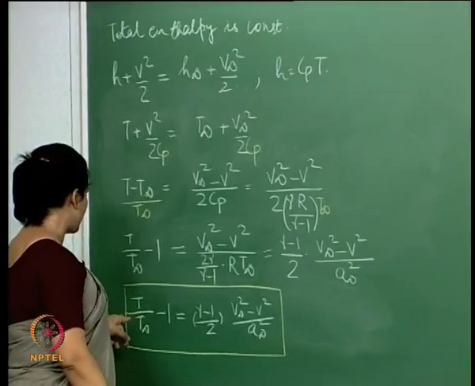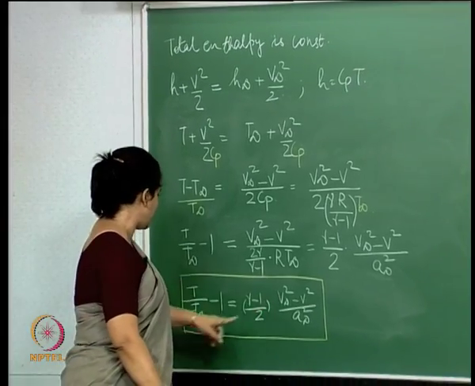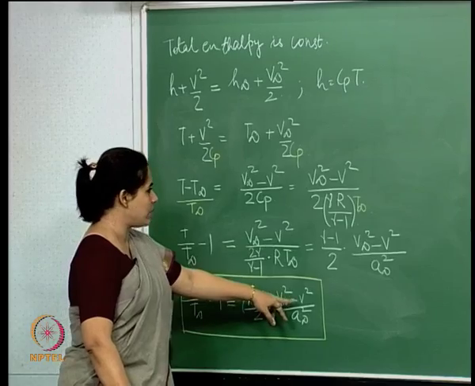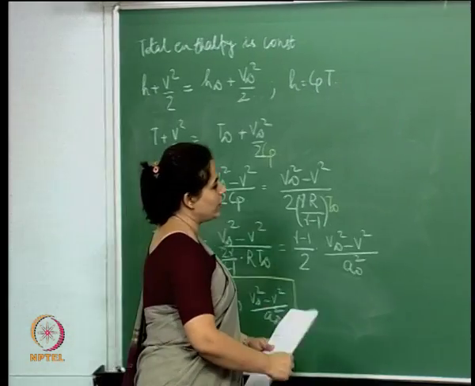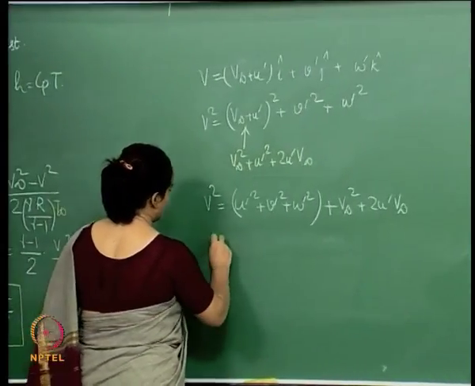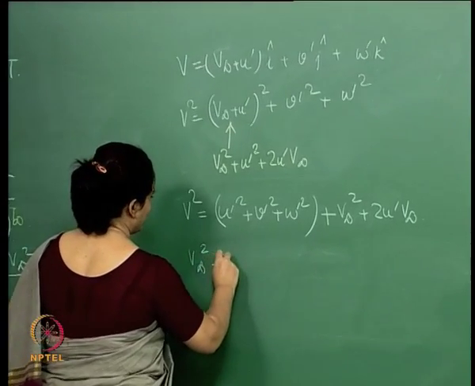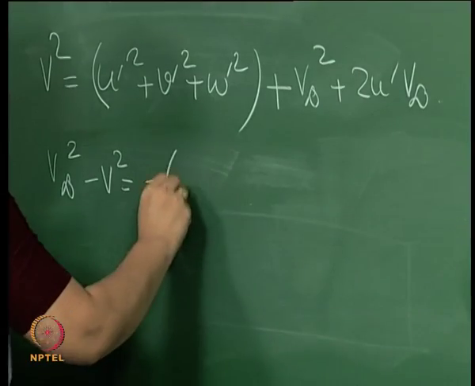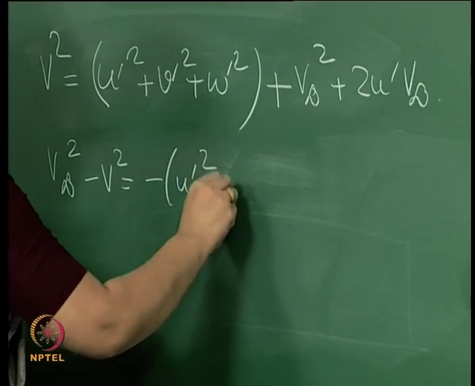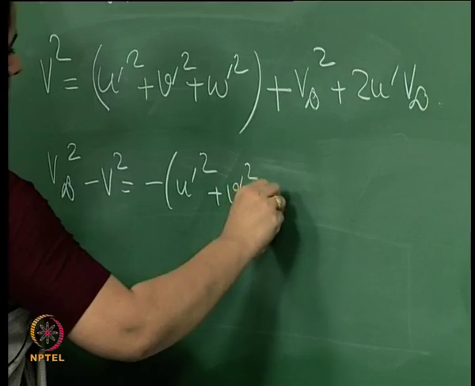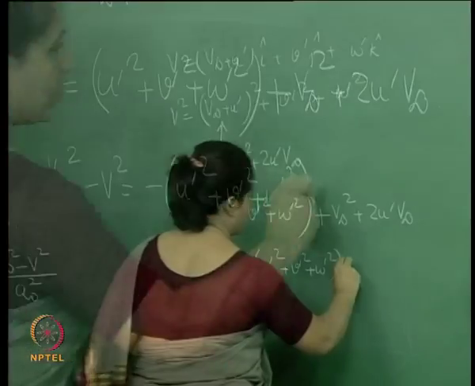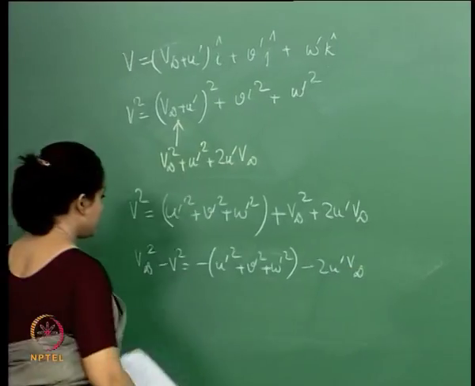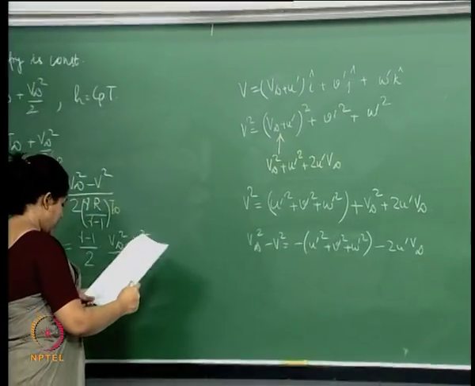Now what we have in this particular expression is V infinity squared minus V squared. So V infinity squared minus V squared then becomes this. This is what we get.